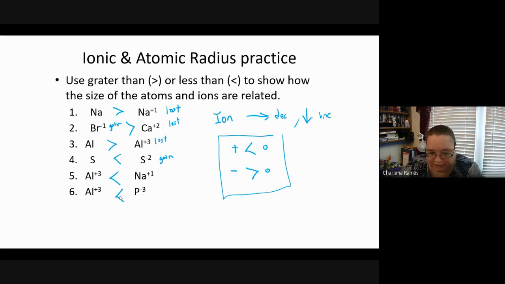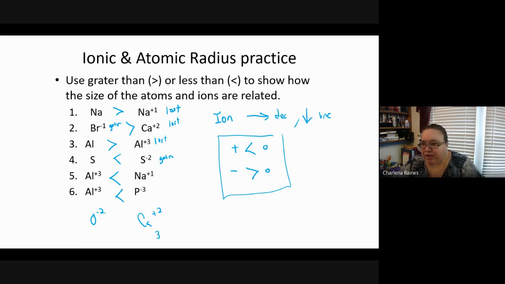So, if I was comparing, in fact, I'll go ahead and do it. I'm comparing oxygen -2 to calcium +2. So yes, calcium +2 is smaller than its parent ion and oxygen is larger, but calcium lives in the 4th period.